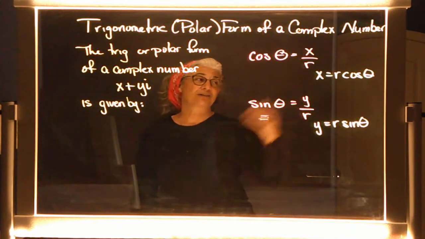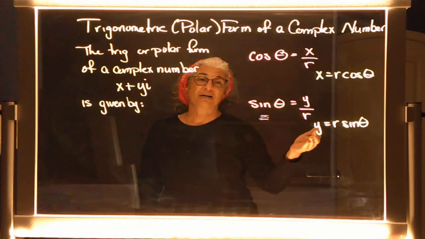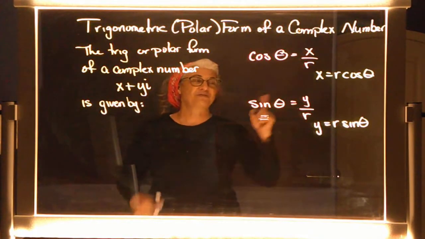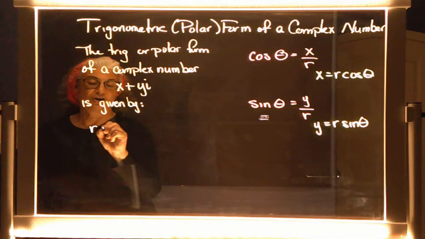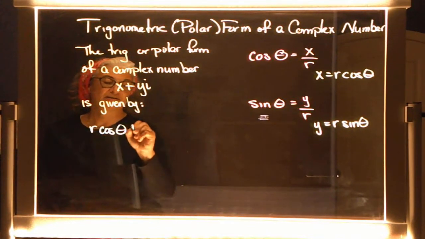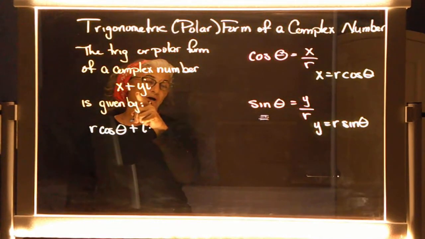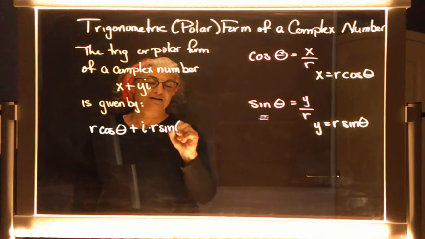Well, I already know what x is, and it's got an r and a theta. I already know what y is, and it has an r and a theta. So instead of writing x, we're going to write r cosine of theta plus i times, and instead of writing y, we're going to write r sine of theta.